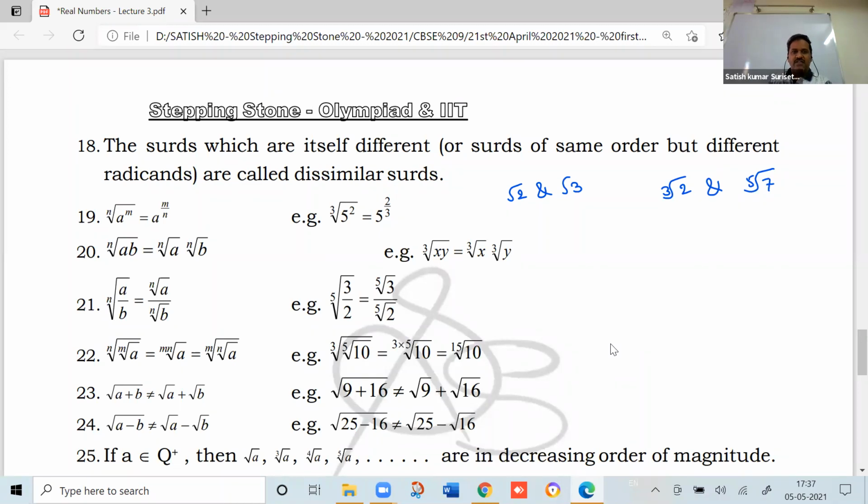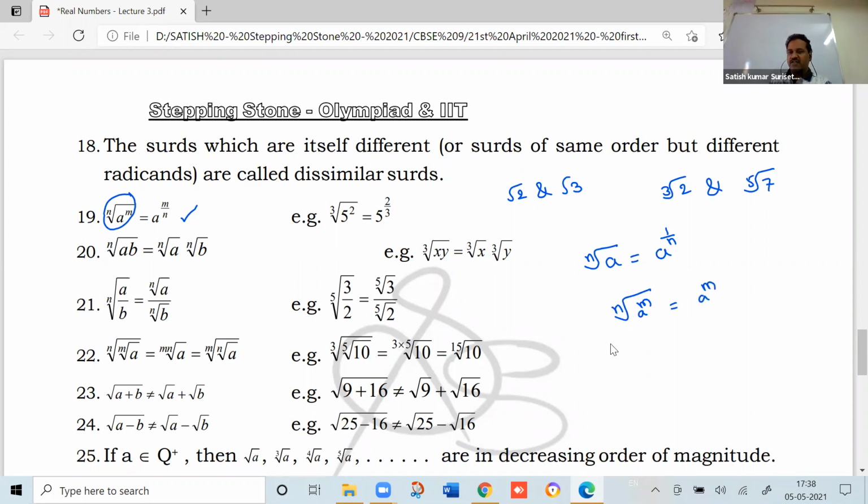Next, nth root of a to the power of m is written as a to the power of m upon n. How to conclude this? Previously we discussed that nth root of a is written in exponent form as a to the power of 1 by n. So here I have nth root of a power m. Inside, a to the power of m stays as it is.